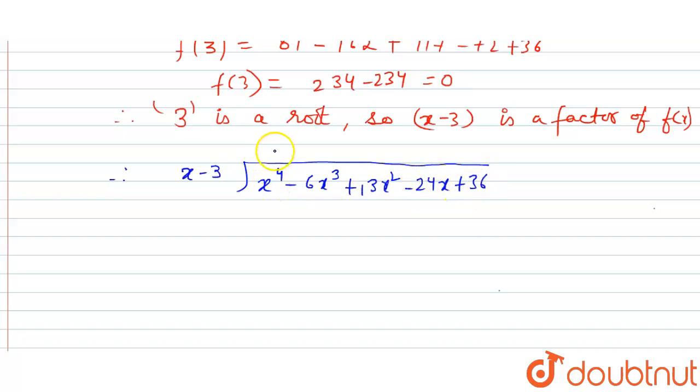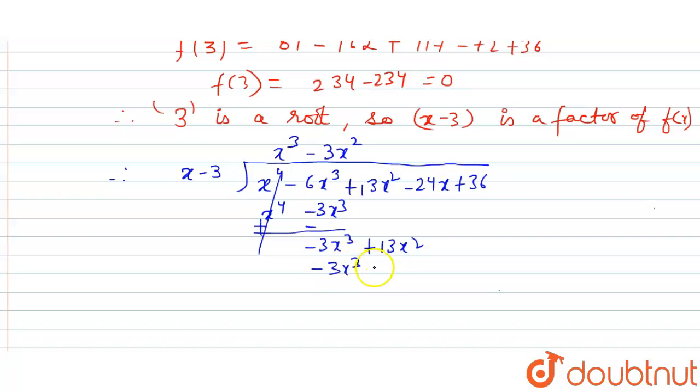Now we divide: we get x cube, x to the power 4 minus 3x cube, the sign will change. Here we get minus 3x cube plus 13x square. Again we take minus 3x square, minus 3x cube plus 9x square, again the sign changes, this cancels, and here we get 4x square minus 24x.